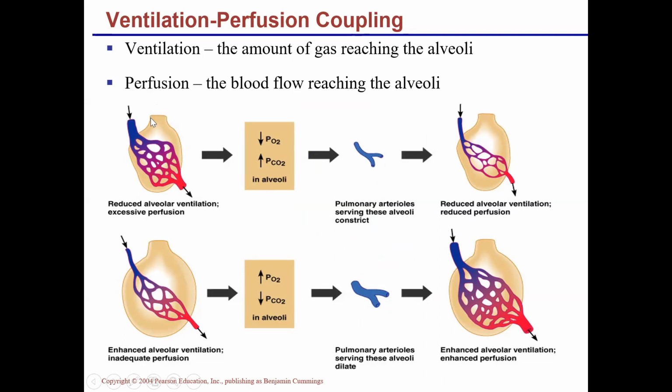So let's look here. This yellow part represents the alveoli. And here, these are blood capillaries around the alveoli.